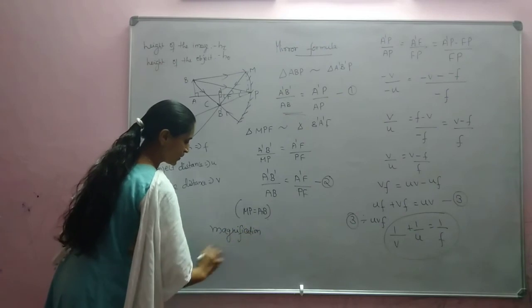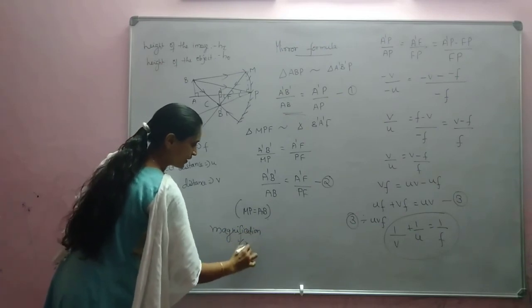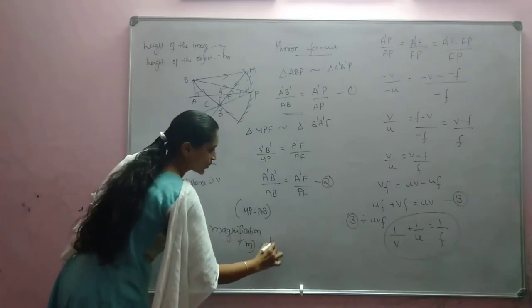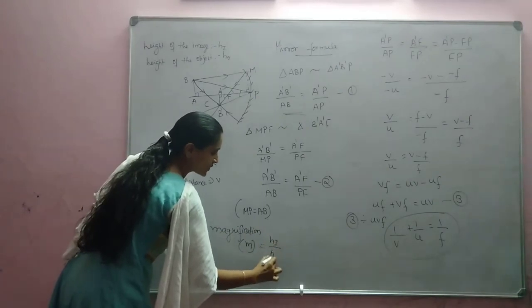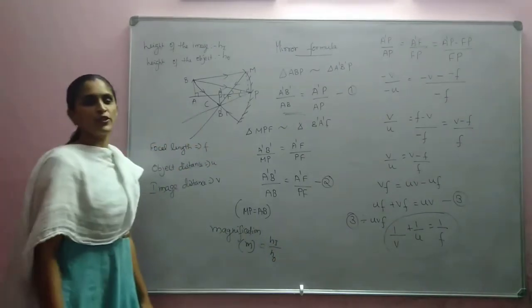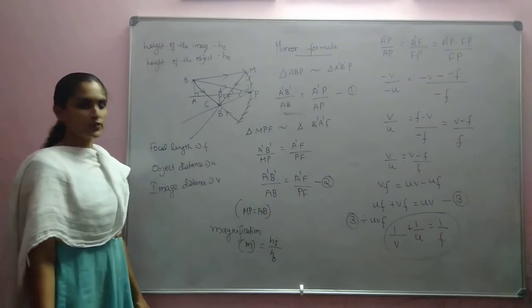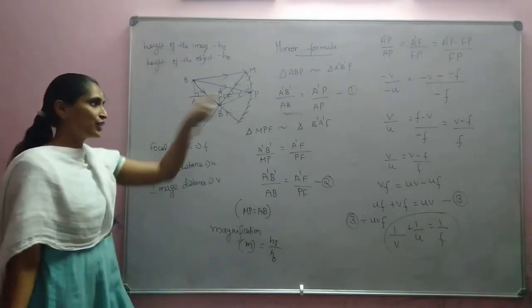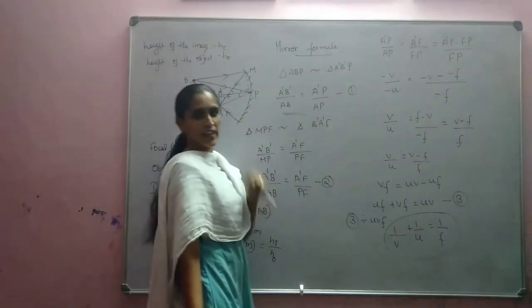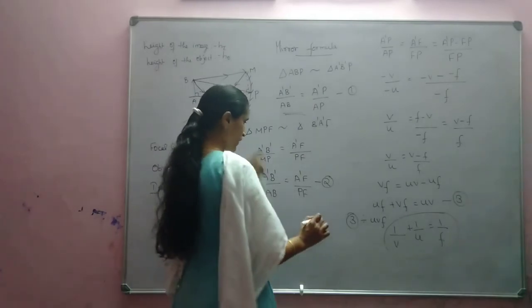We are using the letter M. It is equal to height of the image by height of the object. Ratio of height of the image to the height of the object is known as magnification. So from the first equation we can obtain the expression for magnification.